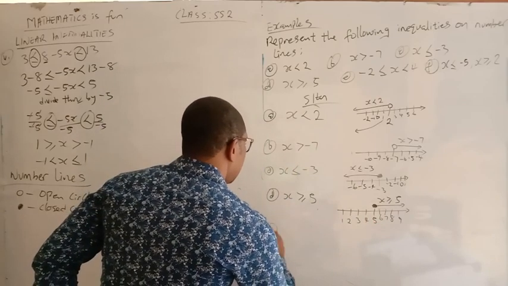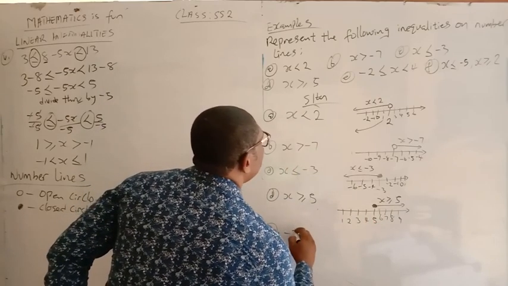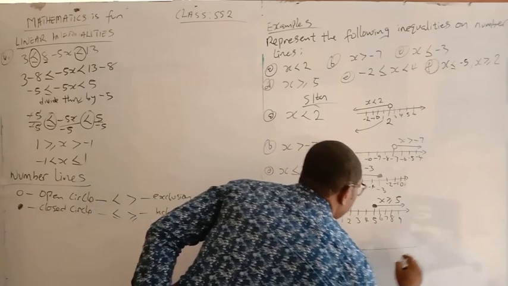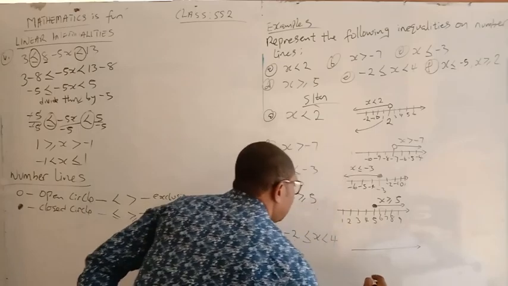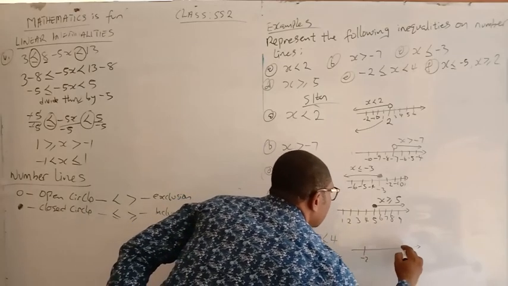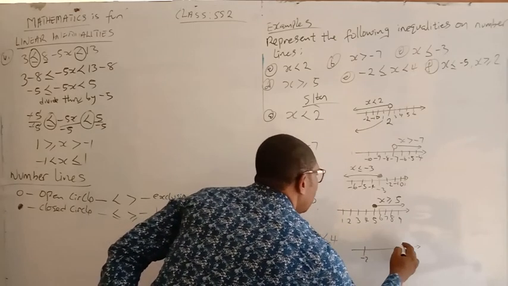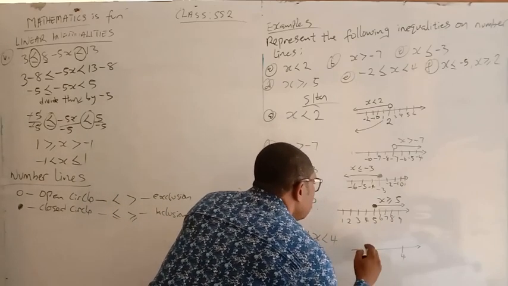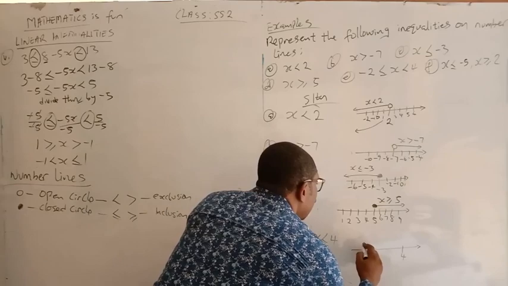Then E, minus 2 less than or equal to x less than 4. We have this. Negative 2 and 4. Because this is inclusion, including minus 2, I will have a closed circle.